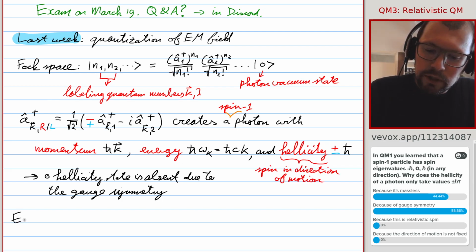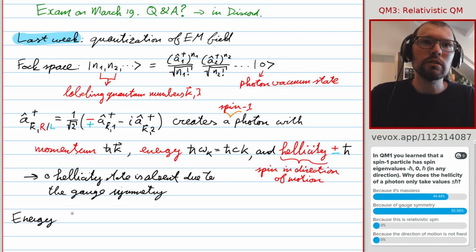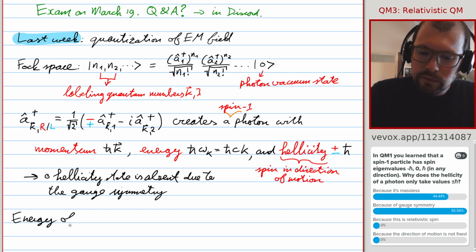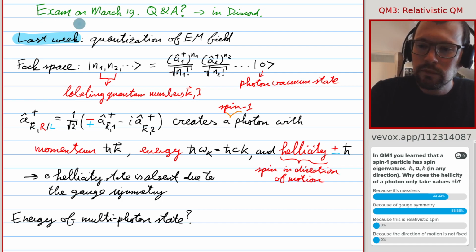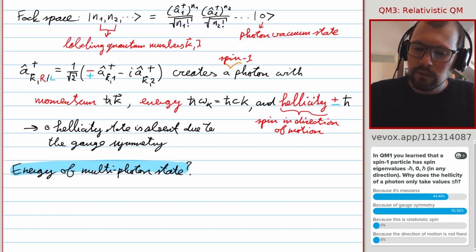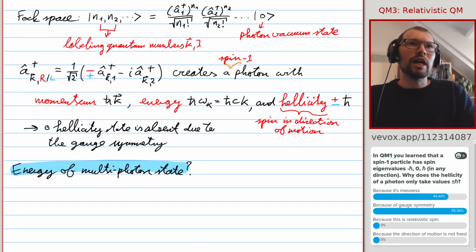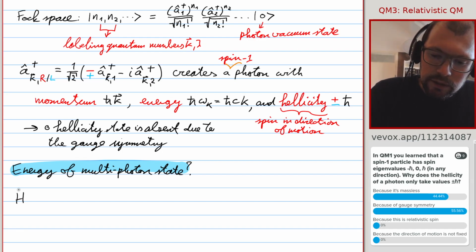And the first thing I want to look at is the energy of multi-particle photon states. Well, okay, we know this, and you have calculated it in the exercise class as well. So let's recall the answer.